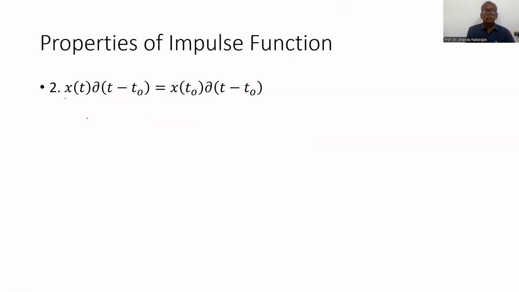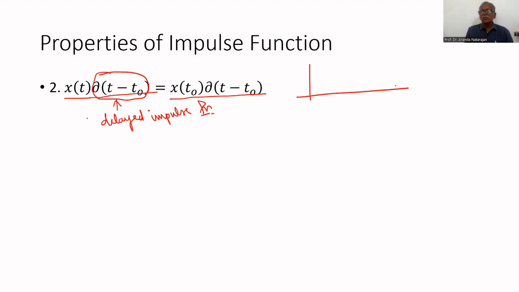Second property: x of t multiplied by del of t minus t naught equals x of t naught multiplied by del of t minus t naught. So what is this? This is a delayed impulse function. It will exist like this.